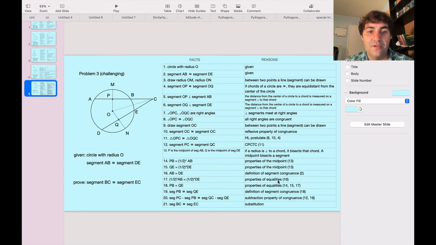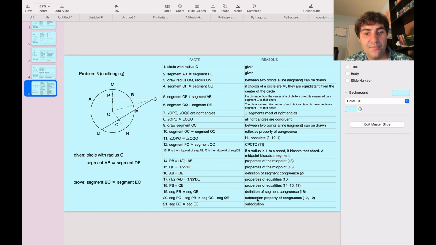And if I use properties of equality and multiply both sides by 1/2, we get what we have in 17, right? And then by properties of equality, we know that PB is equal to QE if I combine what I have in 14, 15, and 17. So by the definition of segment congruence, segment PB is congruent to segment QE.